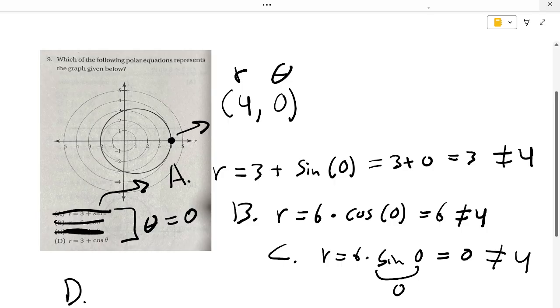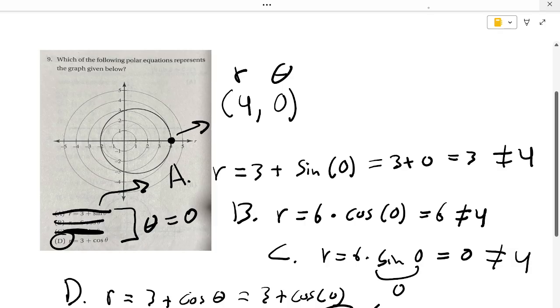But with D, we have r equals 3 plus cosine of theta. If we plug in theta equals 0, we get 3 plus cosine of 0, 3 plus 1, that's 4, which is correct. That's what we want. So answer choice D is correct.